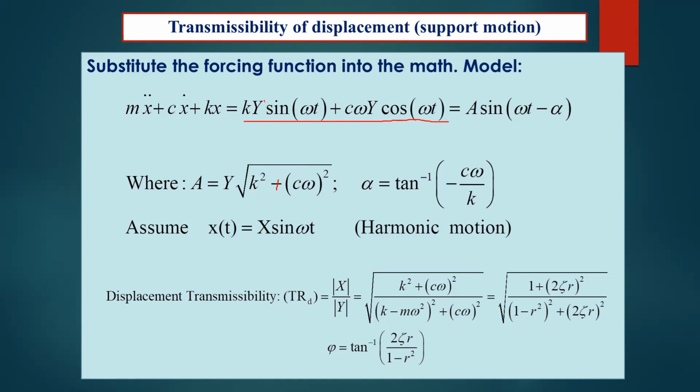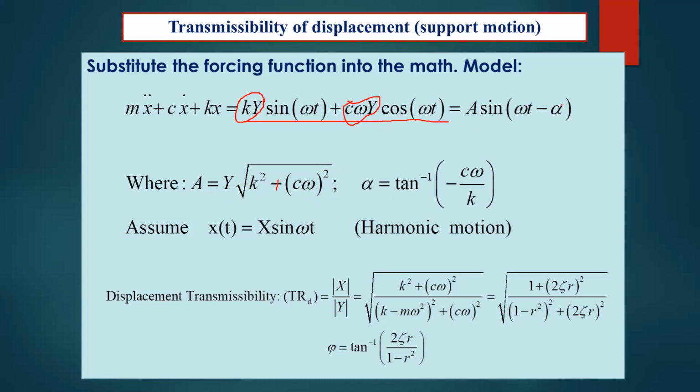What we are looking for is the maximum amplitude condition. This square plus this square will give us A. So A is equal to the radical of (Yk) the whole square plus (cωY) the whole square. If you take Y out, A is equal to Y times the radical of k squared plus (cω) the whole square.